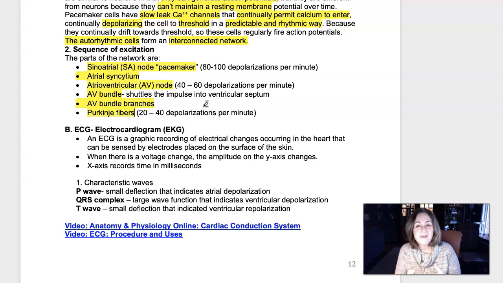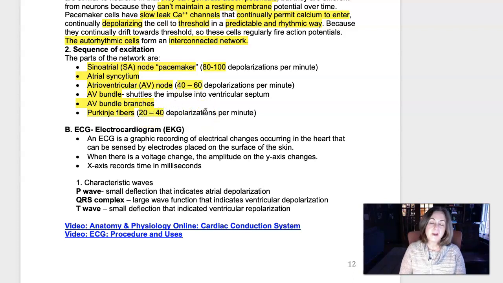What we see is that these autorhythmic cells all work the same way, but they have a different rate of depolarization. The SA node depolarizes the quickest. The SA node is right at the top of the right atrium. That depolarizes 80 to 100 times per minute, compared to the AV node that's slower. And you can see the Purkinje fibers are even slower.